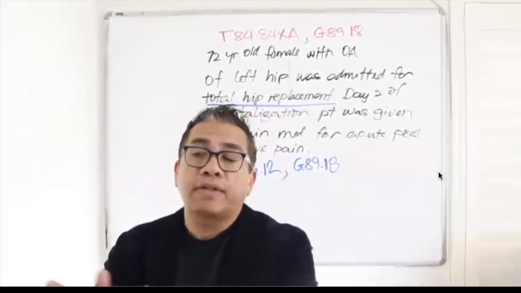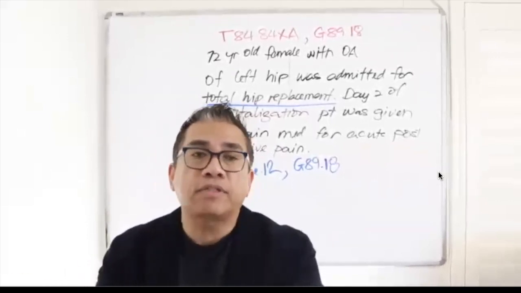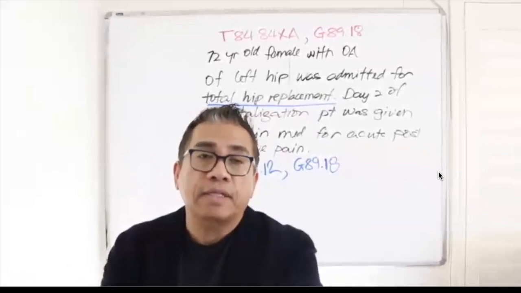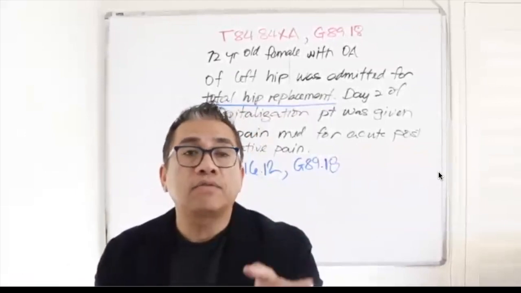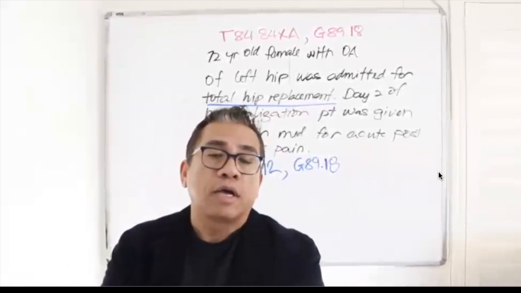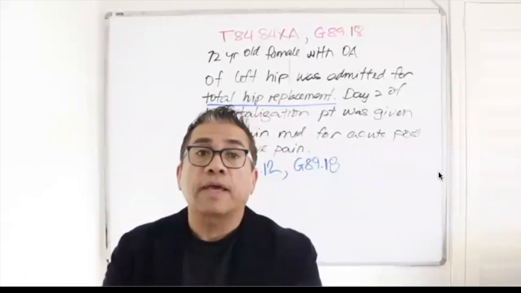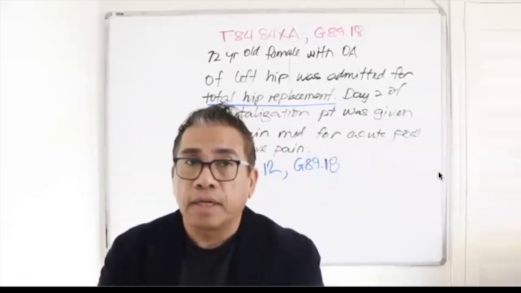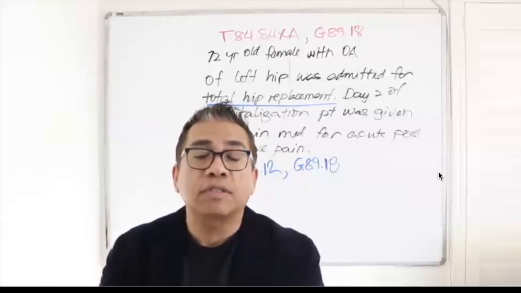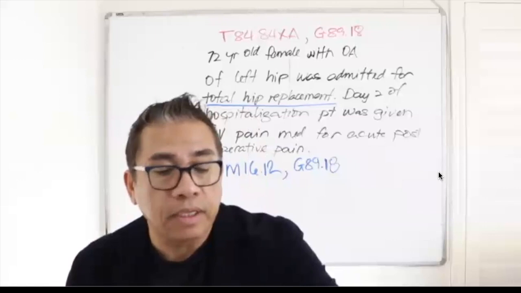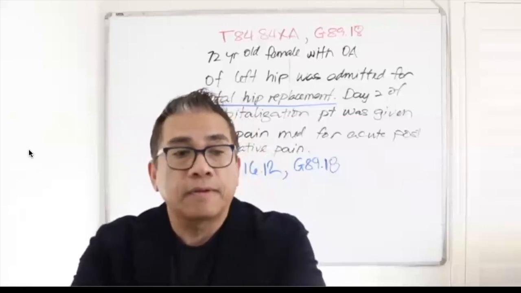If you have the site of the pain and the reason why the patient is having that kind of pain, then you know what to do, right? The definitive diagnosis should be assigned as your primary diagnosis. And if there was pain management done or administered, then the pain code will be assigned as a secondary diagnosis.